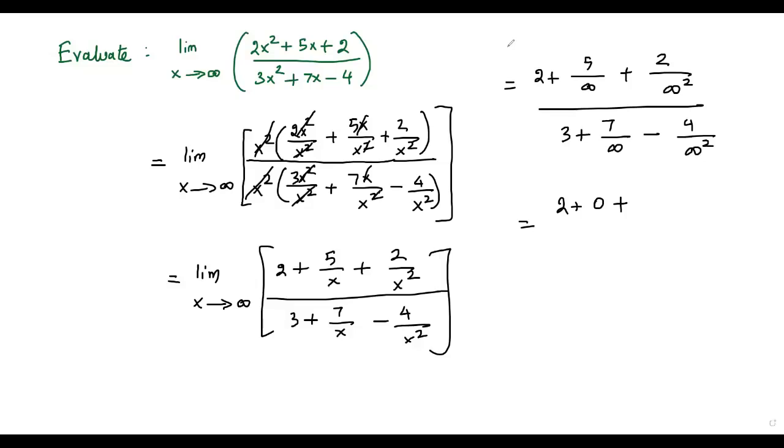For example, if I divide 1 by 10, what's happening? 0.1. When I divide 5 by 10, it's 0.5. When I divide 5 over 100, it will be 0.05. If I divide 5 over 1000, it will be 0.005.